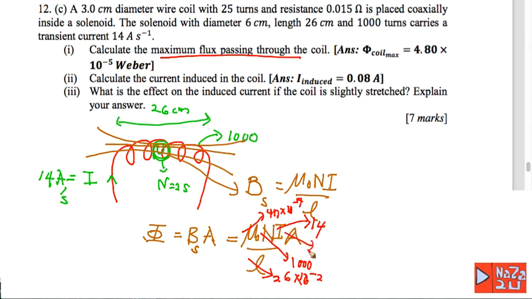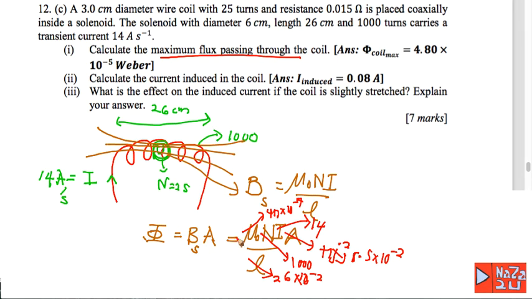And A is the area of the solenoid, pi r squared, and because the question gives you the value of the diameter, we take half, this is 1.5 exponent minus 2 meter, so you can find the pi r squared here.